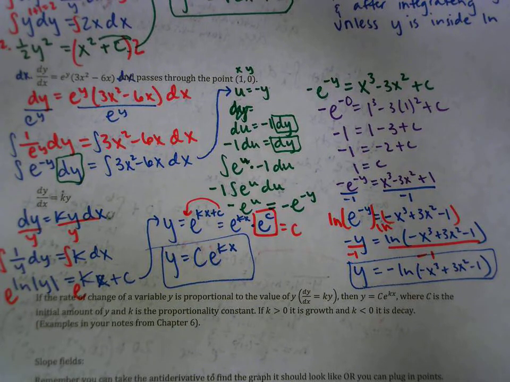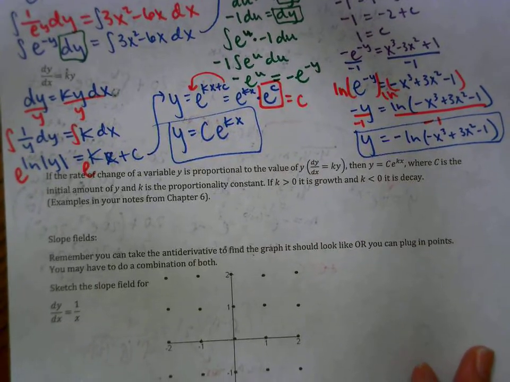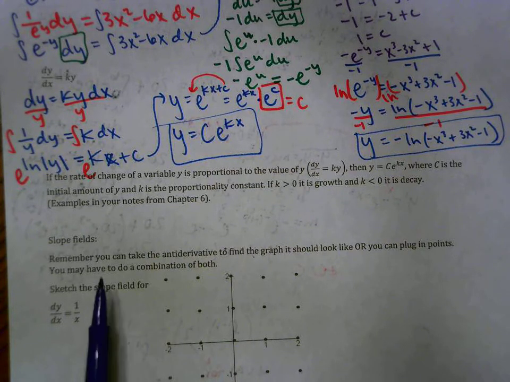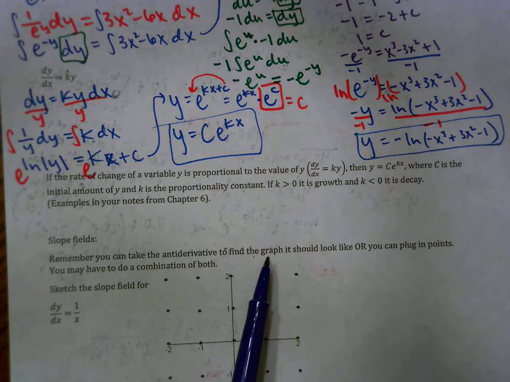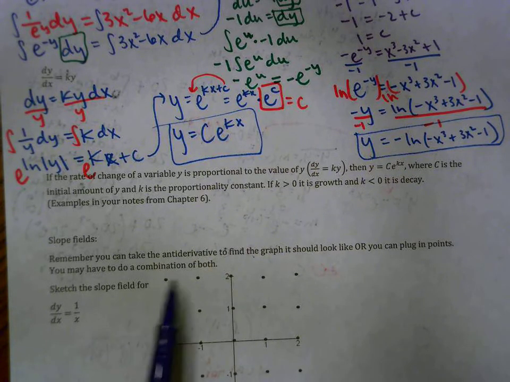Okay, so the last thing is slope fields. So what is slope fields? It gives you the general shape of the original, right? So you can kind of draw slope fields 2 different ways. You can either take the antiderivative to find the graph it should look like, or you can plug in points and just sketch slopes at that point.